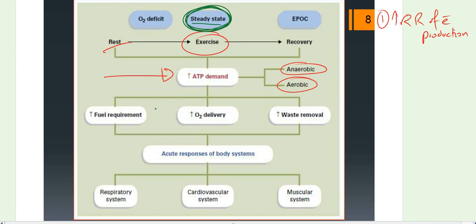We then have 3 things that will occur to enable us to increase our rate of energy production. Now, we increase the requirement of fuels, these being our carbohydrates or glucose, our fats.